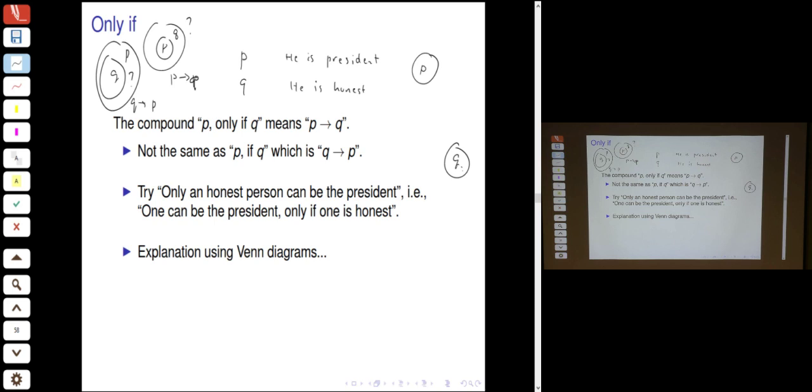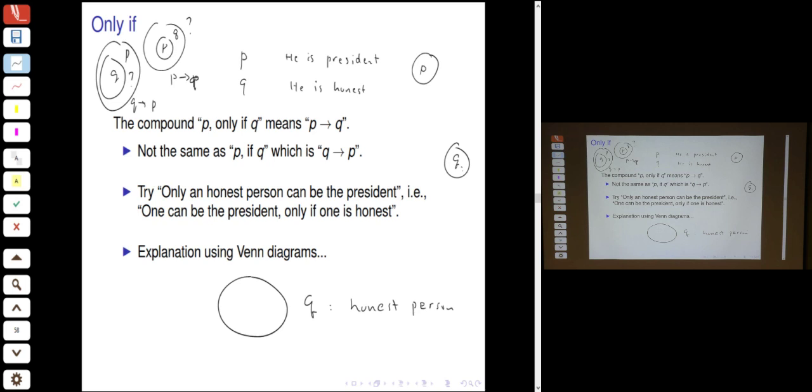Okay, so let's draw Q first. So Q is here. Remember, Q is the honest persons. So now this sentence, one can be president only if one is honest, means anybody outside Q has no chance to be president, right?